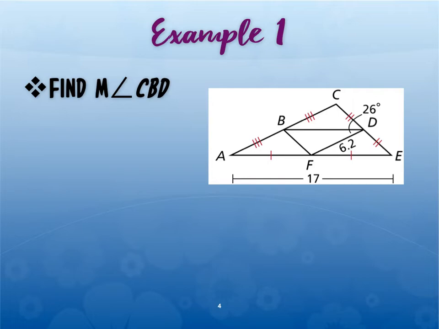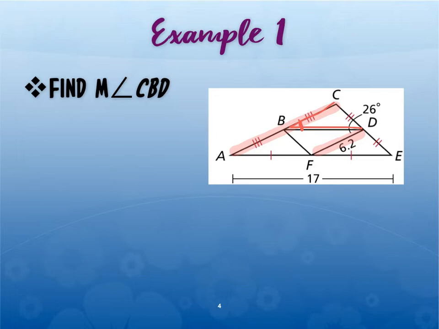So example 1, we're going to find the measure of CBD. So we're looking for this angle here, CBD. In order to find this angle, we have to use the fact that our midsegment is parallel to this side of the triangle.